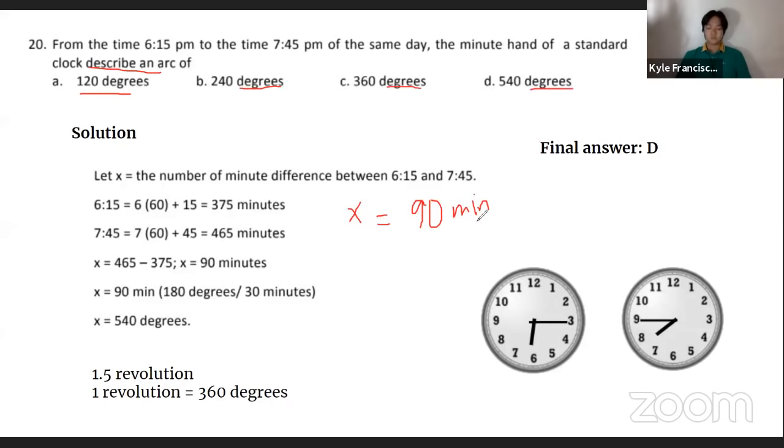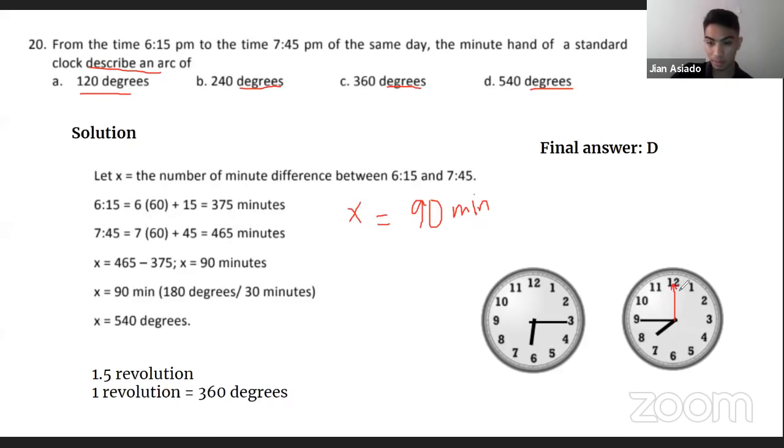So, to change itong minutes into degrees, kailangan mong gumawa ng ratio and proportion, no? Mapapansin natin, kapag gumawa ka ng half circle dito, this corresponds to 30 minutes, no? For example, yung hour hand mo ay nasa 12.